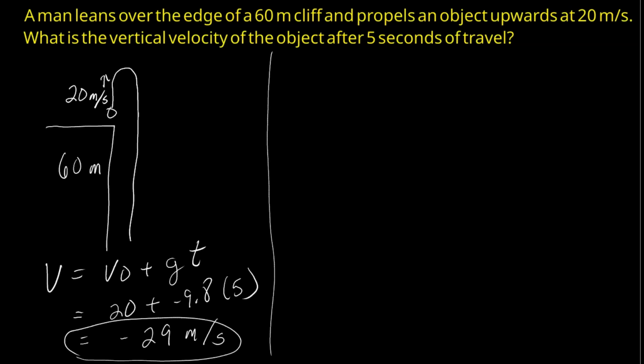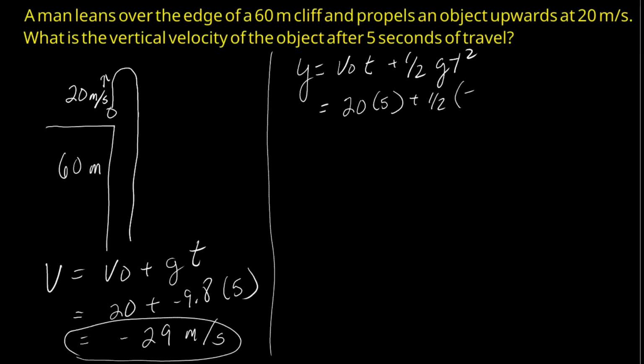Alternatively, we could use y equals the initial velocity times time plus 1/2 gt squared. So y is going to equal 20 times 5 plus 1/2 negative 9.8 times 5 squared. So this will give me negative 22.5 meters. This is from the starting point.